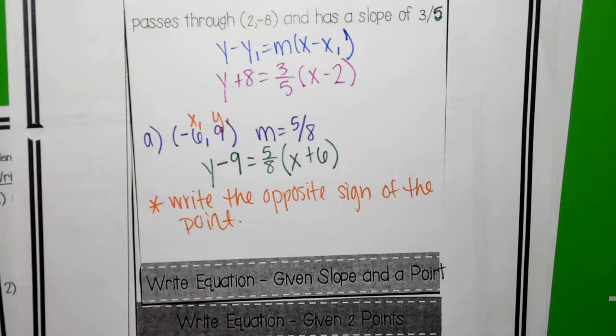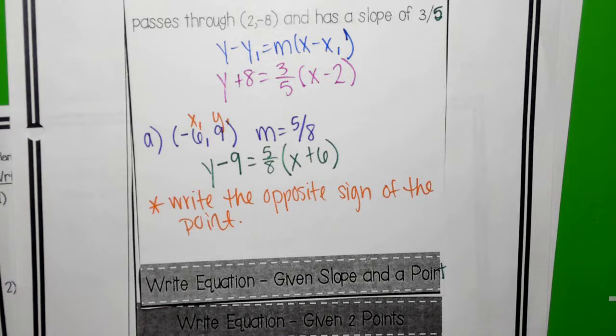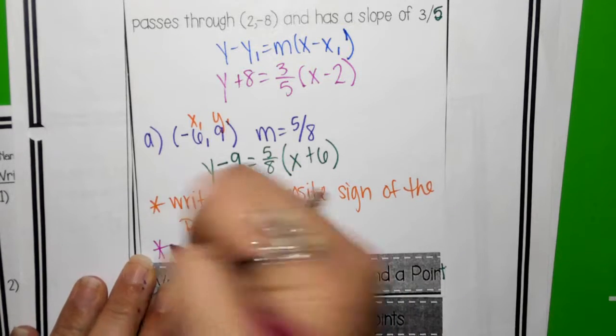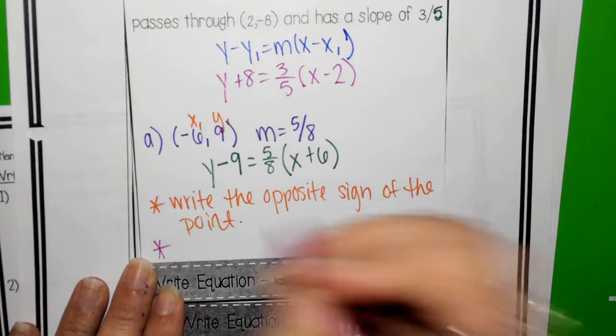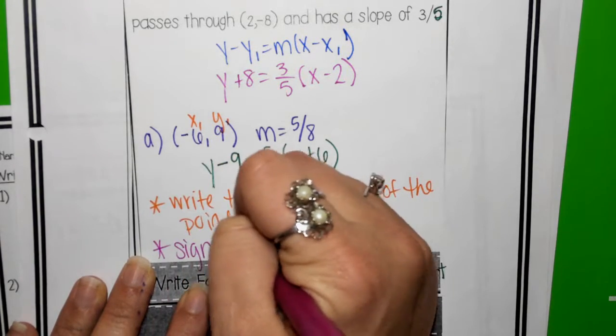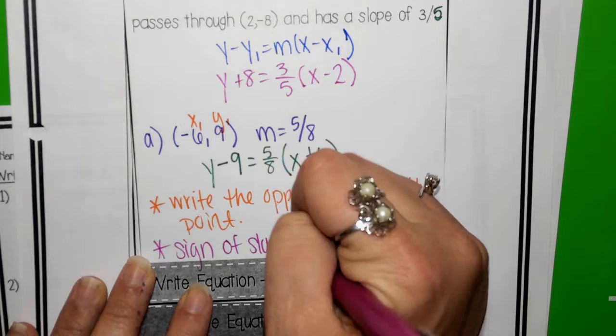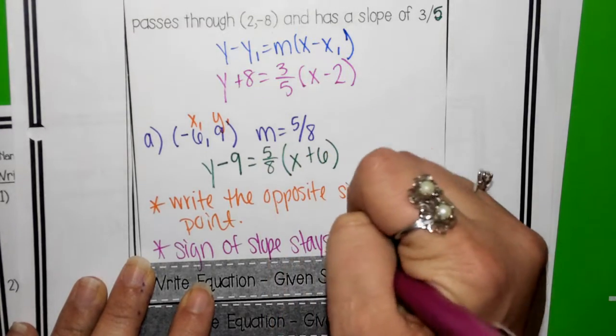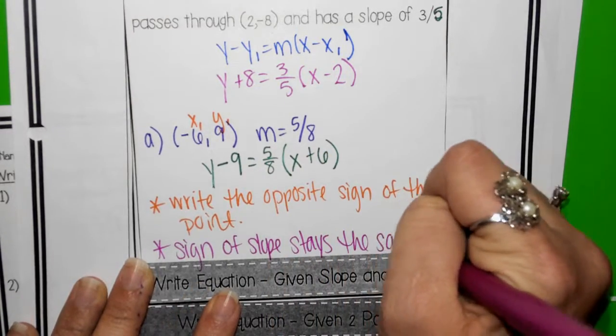So if it was a -5, you would put a +5. If it was a negative rainbow, you would put a plus rainbow. If it was a horseshoe, you would just write minus horseshoe. Now, does the sign of the slope change or stay the same? Stay the same. Yes. Sign of slope stays the same.